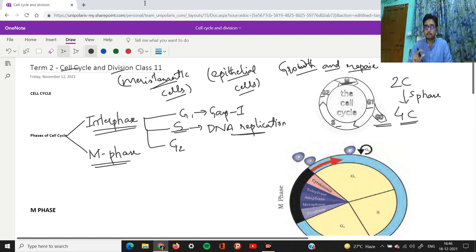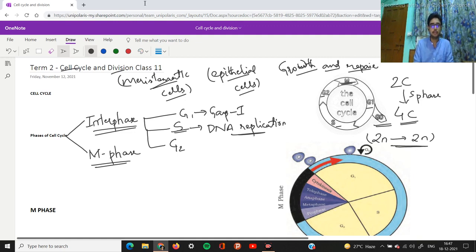But does the chromosome number change? It does not change. The chromosome content will be the same. If we have 2n chromosomes, after S phase it will have the same 2n chromosomes, and there will be no changes regarding the chromosome content.